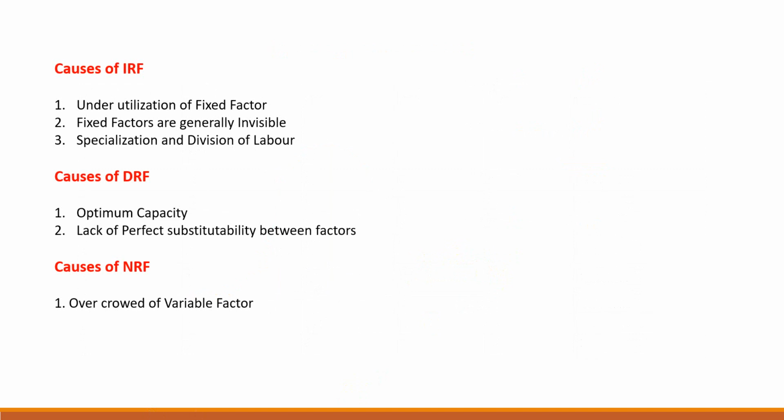Lack of perfect substitutability between factors. The diminishing returns to a factor occurs because the factors of production are imperfect substitutes for one another.